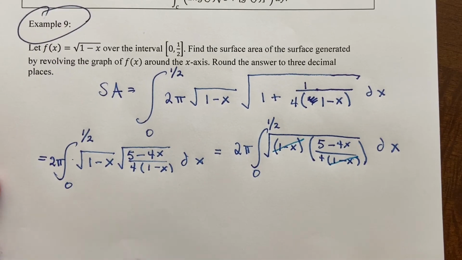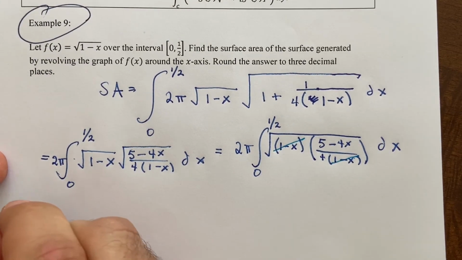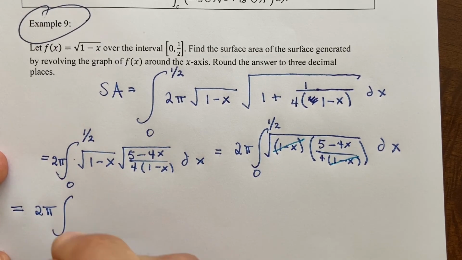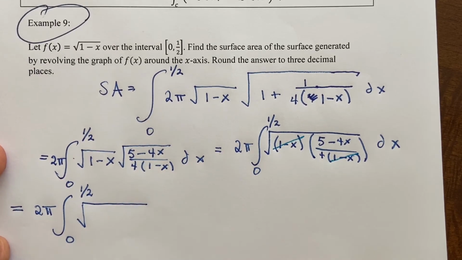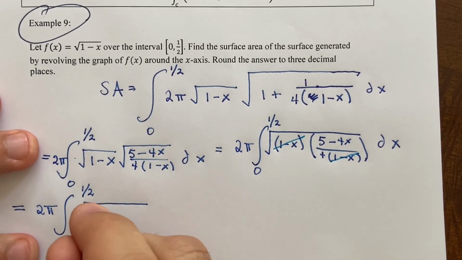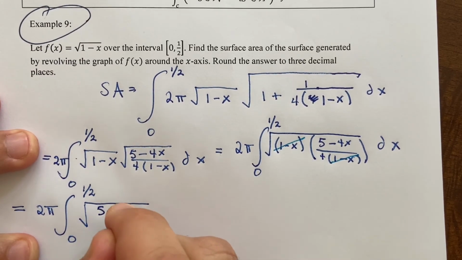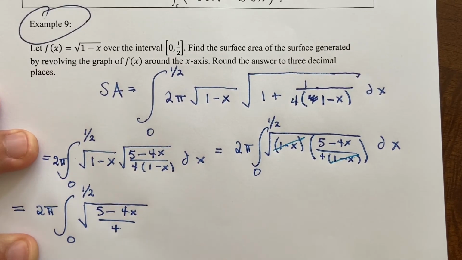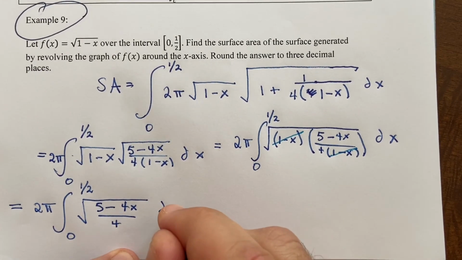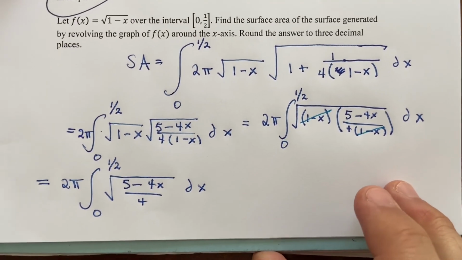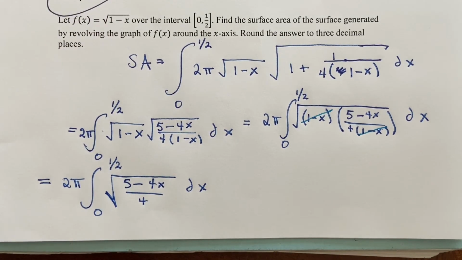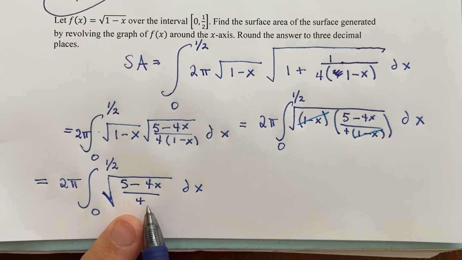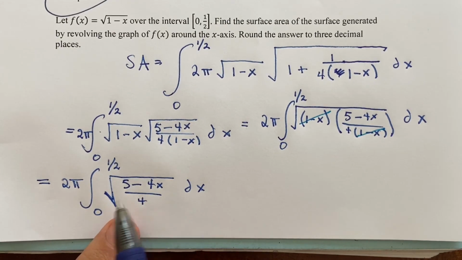All right, so let's see what we have. We have 2 pi, 0 to 1/2. And then I still have the square root of 5 minus 4x over 4. And then this is times dx. And this square root goes all the way down, just to make that clear. So something I can do, I have a square root of 4 on the bottom, so I can bring out a 2.